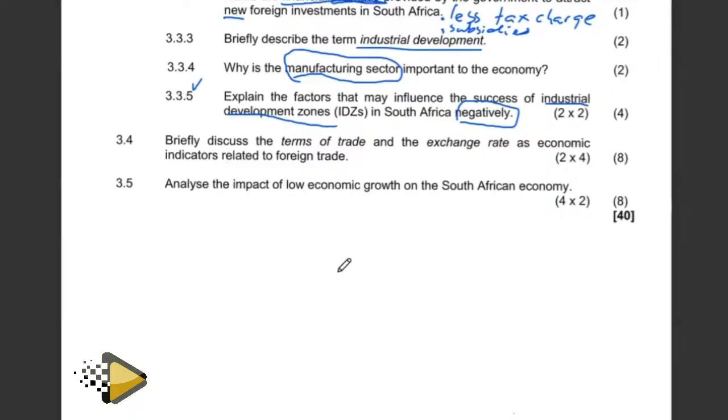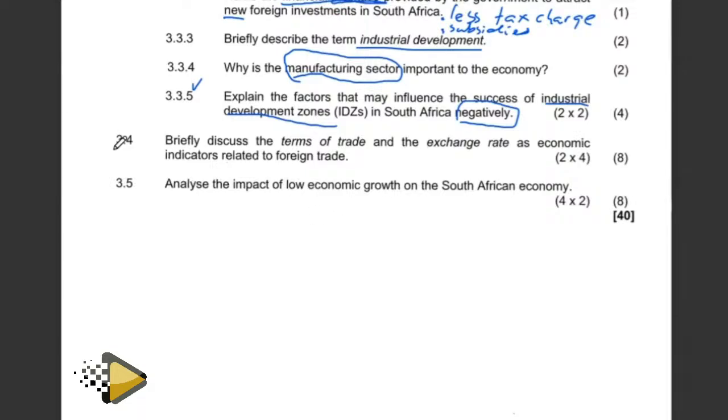And if resources are poorly managed and not wisely used, that is going to stop or hinder the success towards industrial development zones. Okay, right. So now let's move on to the next question.